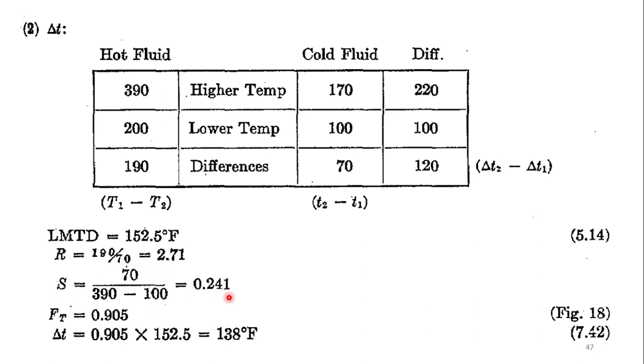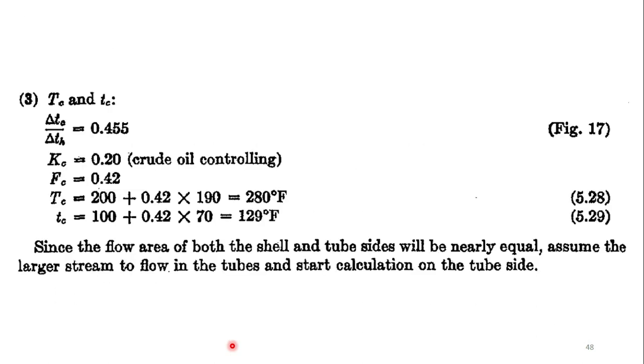Then from figure 18, by using the values of R and S, you can determine the correction factor FT, and you have to multiply the correction factor with the LMTD value, and this will be the true temperature difference, which is 138 degree Fahrenheit for this case.